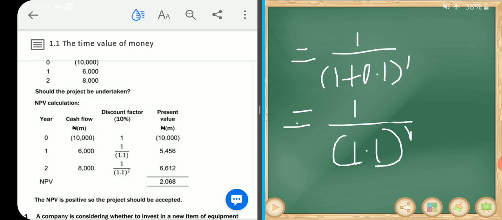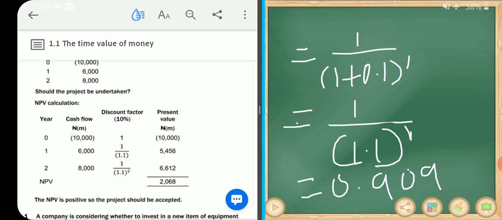So 0.909 times 6,000, we have 5,454. That is, the 6,000 naira that you will get in the future in year 1 is worth 5,454 naira now. What you will buy with 5,454 naira now is what you use 6,000 naira to buy in 1 year's time. So that's how we've gotten the value.